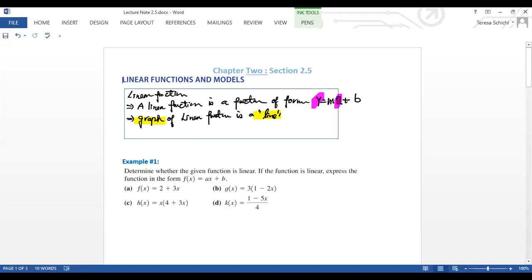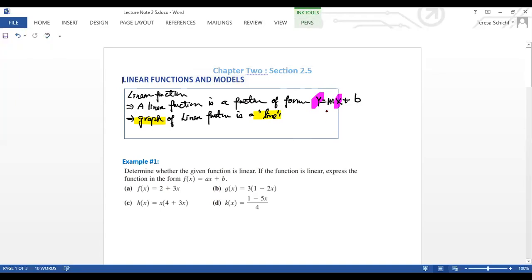You cannot have a y squared, x cannot be in the denominator, and you cannot have a power. It's just a simple y and x. That's why we say this is a linear function. Every linear function you can always change to y equals mx plus b.